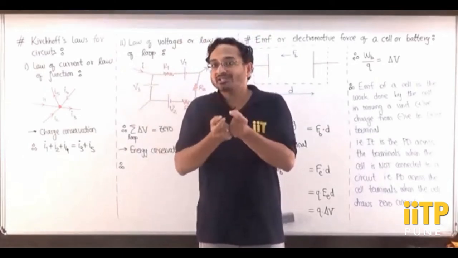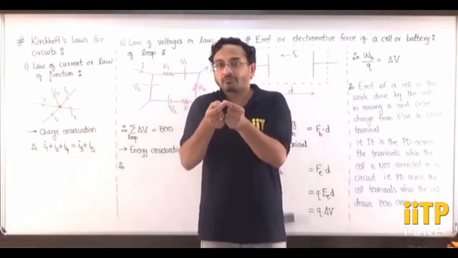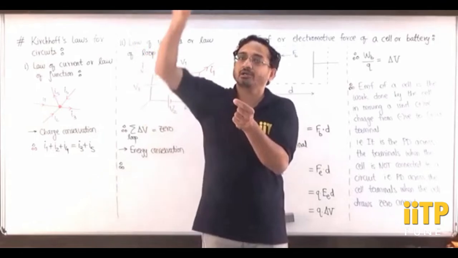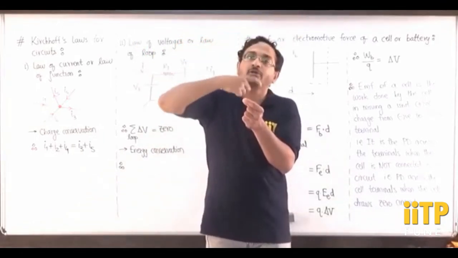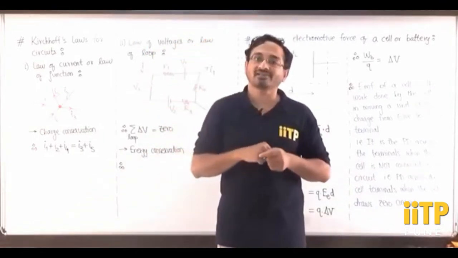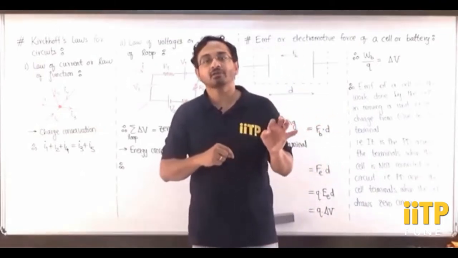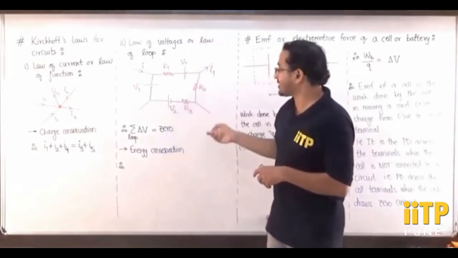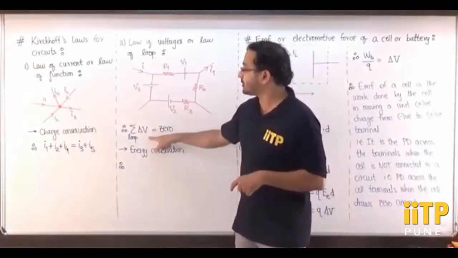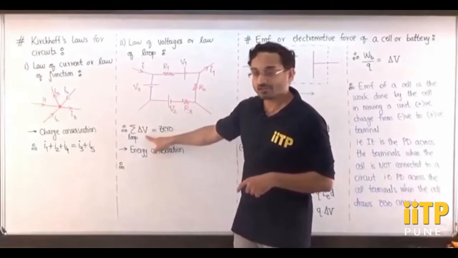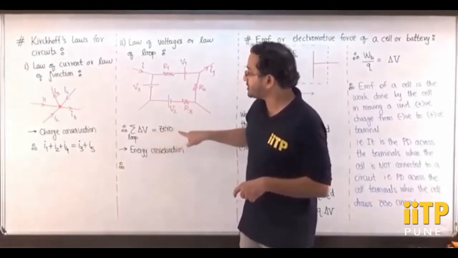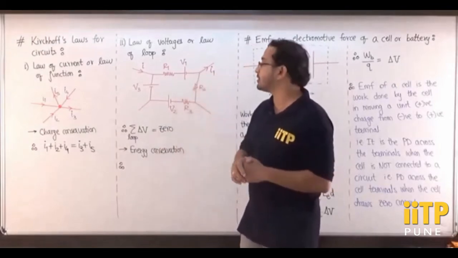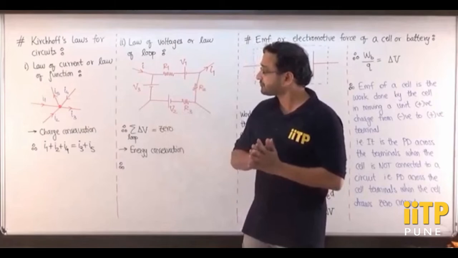In other words, if I start from this point and measure potential differences, and come back to the same point again, the sum of those potential differences is 0. This is nothing but the statement of conservation of energy. Therefore, the sum of the potential differences over a loop has to be 0, and we are going to apply this statement to the loop.